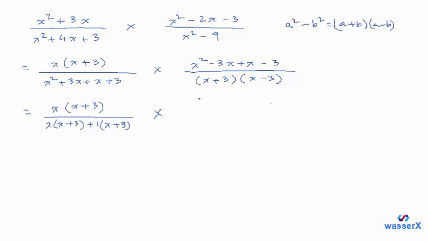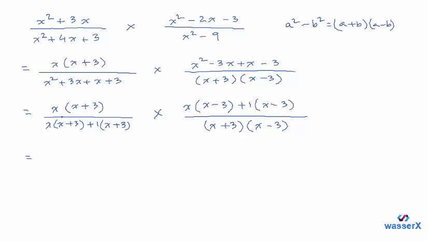Multiplied with x squared minus 3x, that's x times x minus 3. Again a plus 1 because the common factor between x and negative 3 is 1, times x minus 3, over x plus 3 times x minus 3.